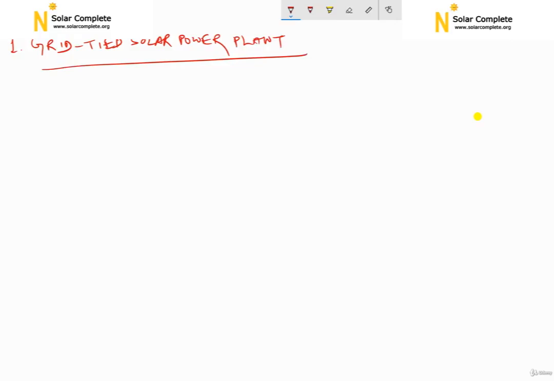So this is the replacement if the grid line is not available. Now why is this needed? Why is the grid line needed? For this we have to understand the architecture of the grid solar power plant. So by a block diagram we can understand this thing.